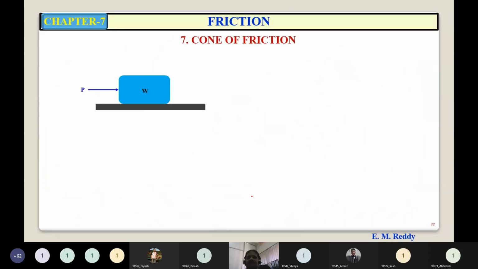Then cone of friction. So the same situation, that the body of weight W is kept on the surface, force P is applied on the body horizontally. Say body is in impending motion.